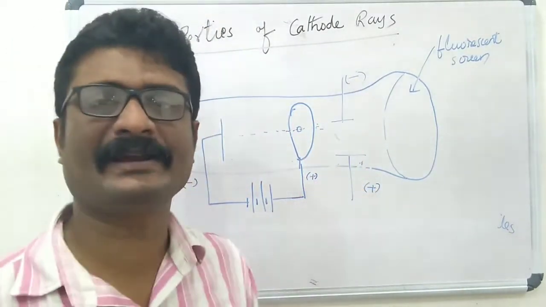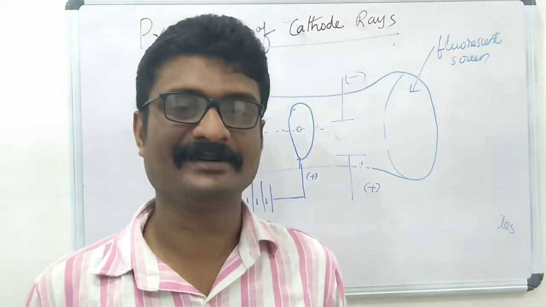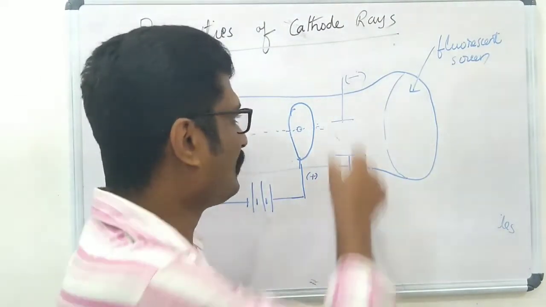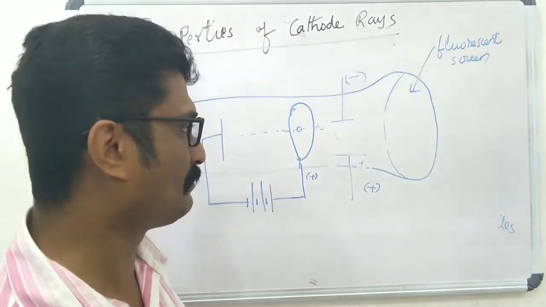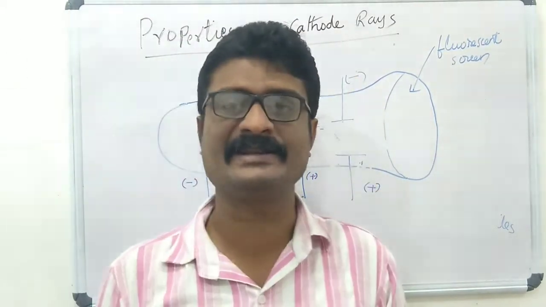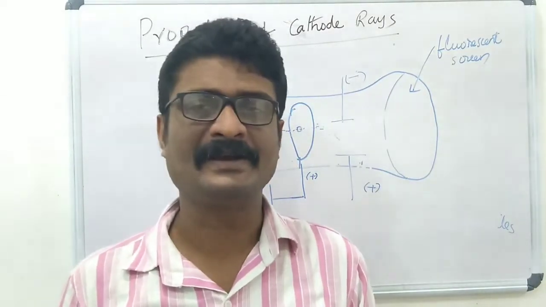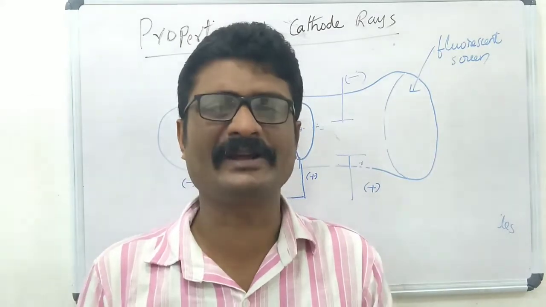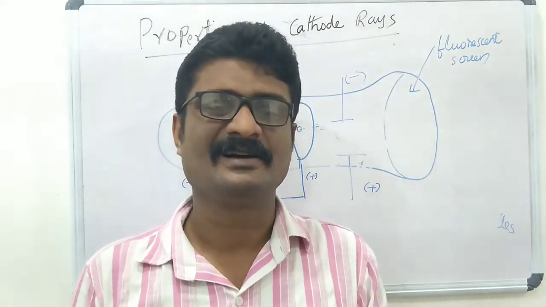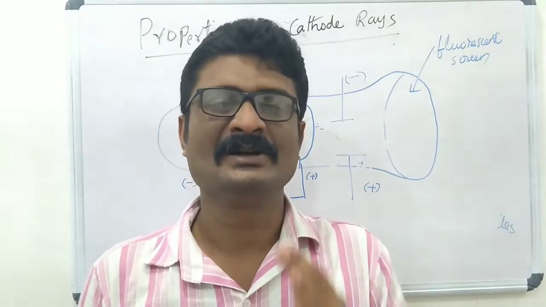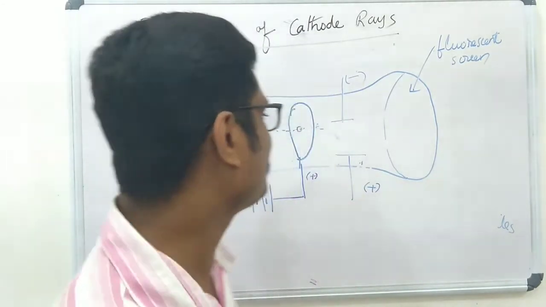When an electric field is applied on the cathode rays with the help of a pair of metal plates, here we apply positive field and negative field, these cathode rays are found to be deflected towards the positive plate.